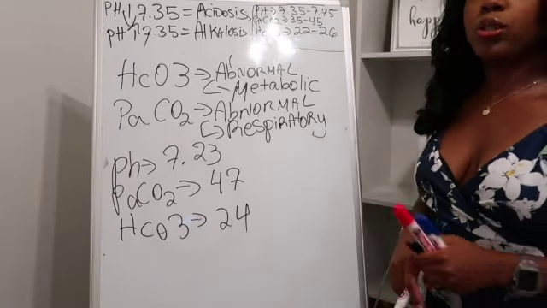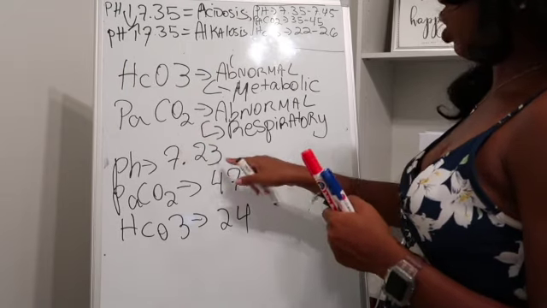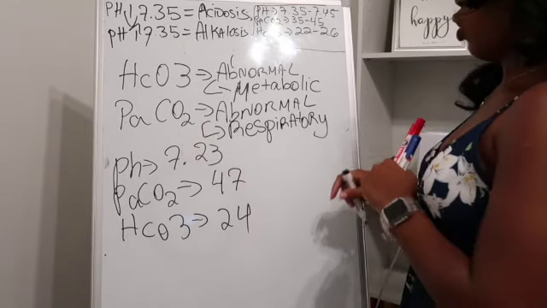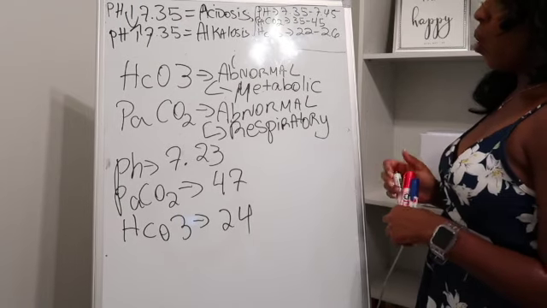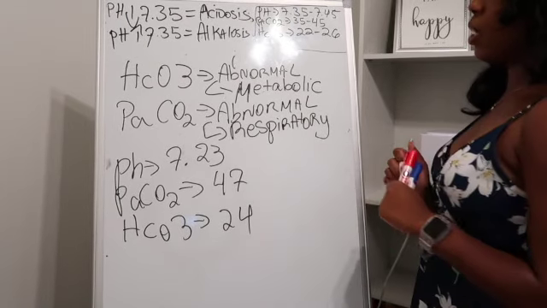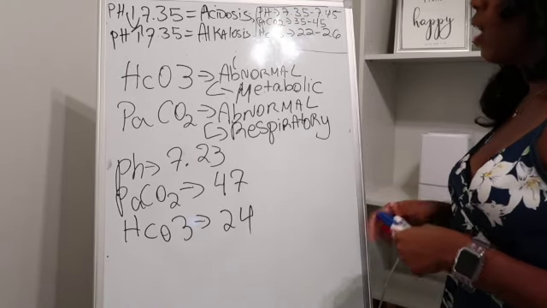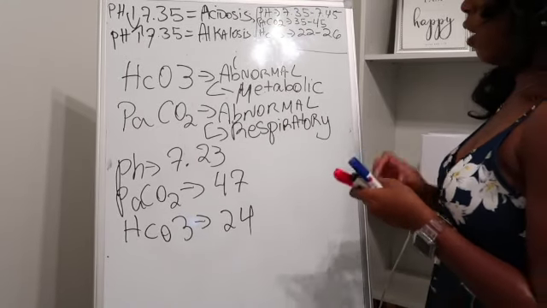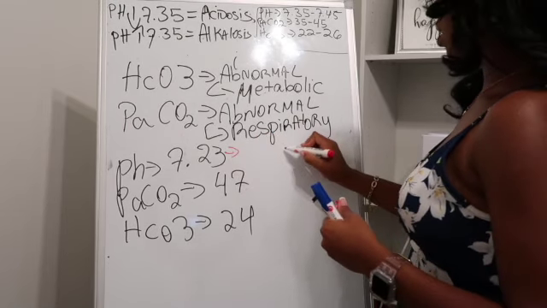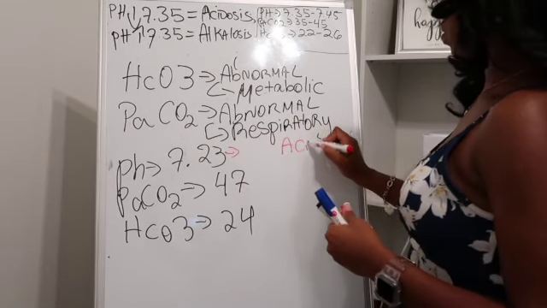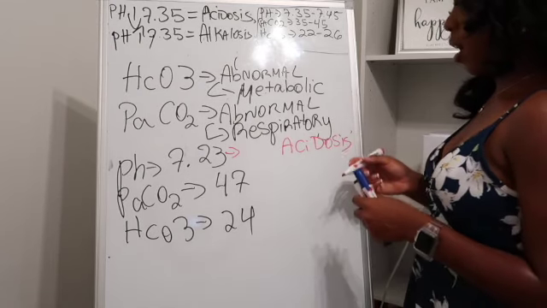First thing I want you guys to notice is the pH. So is the patient undergoing acidosis or alkalosis? Well, I know my normal pH value is 7.35 to 7.45. It is below 7.35, so I already know this is acidosis. So we already know this patient is acidic, okay?